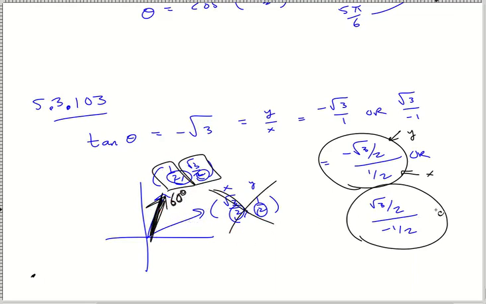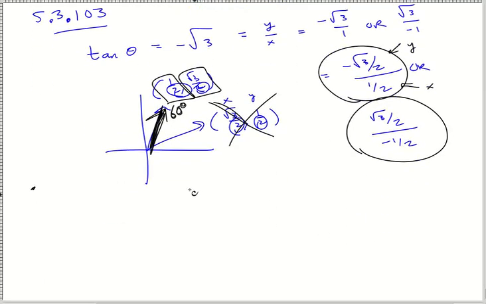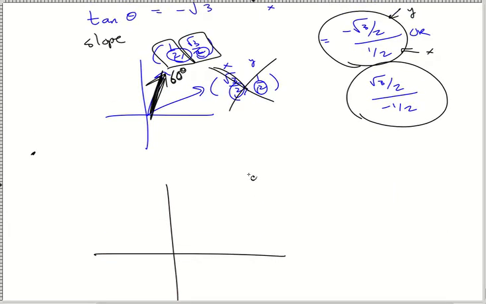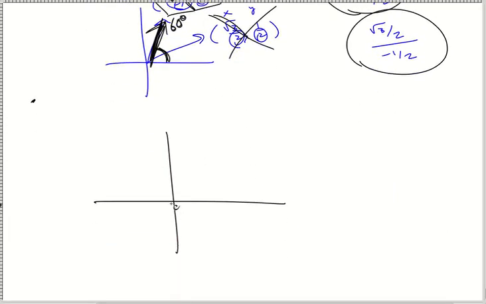But wait! It's negative. And if you remember, tangent is equal to slope. Slope negative means quadrant 2, quadrant 4. But because my reference angle is 60 degrees, it's actually right here and right here at 210.